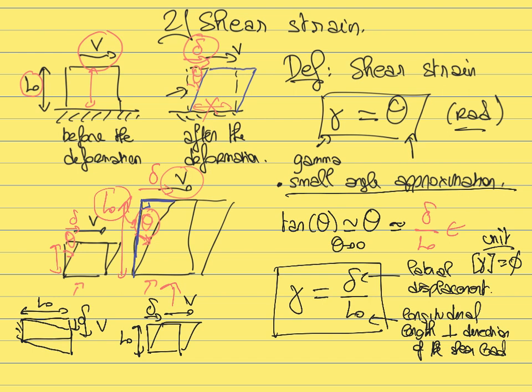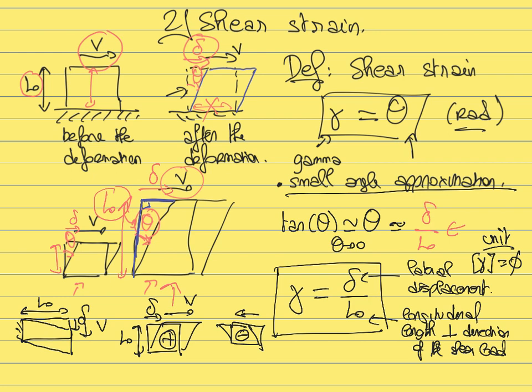And in terms of the sign, we will use the same convention as for the shear stress. That is to say, this would be associated with a positive shear strain. And if you apply a shear load like this, which results in a deformation like this, then this would be a negative shear strain.